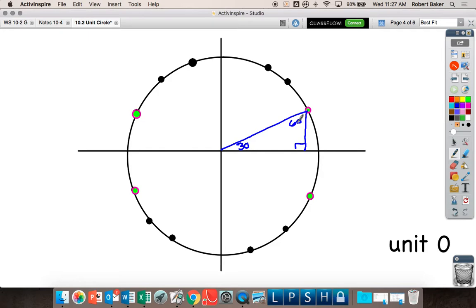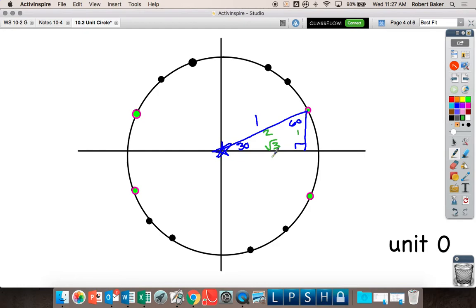How long is the hypotenuse? 1. When you start there, opposite of the star is your 1. Then you go to the hypotenuse, and the other side is the square root of 3.